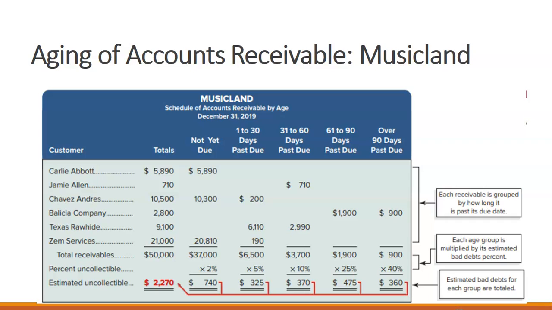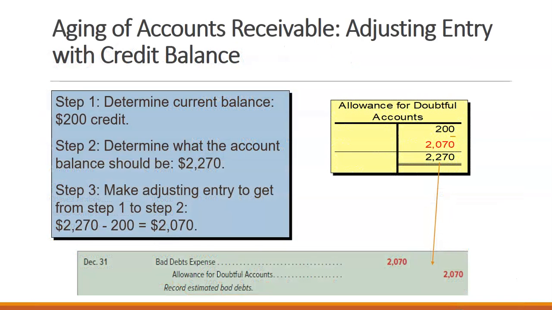So we separate out our total accounts receivable into separate amounts based on the number of days it is past due, and then take it times the percentage and add it all together. Here we have an estimated uncollectible amount then of $2,270.